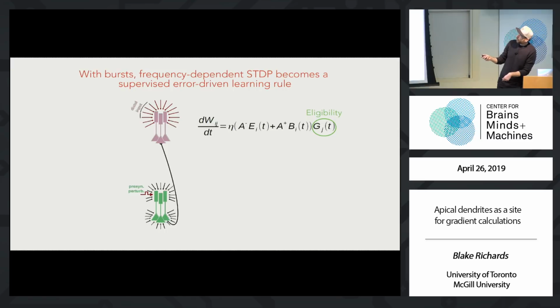And these two terms here: a term indicating whether or not the postsynaptic neuron has engaged in an event, and a term indicating whether or not that postsynaptic event was a burst. The event term induces depression, so if you just get an event, you will get depression, whereas the burst term switches that to long-term potentiation. Basically, bursts tell the neuron you should be potentiating rather than depressing.